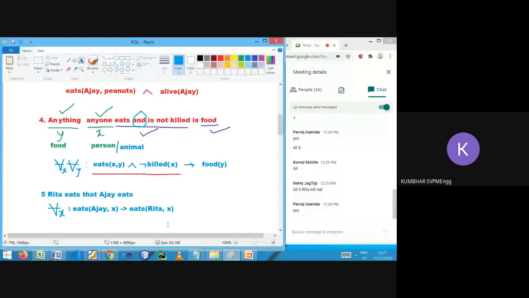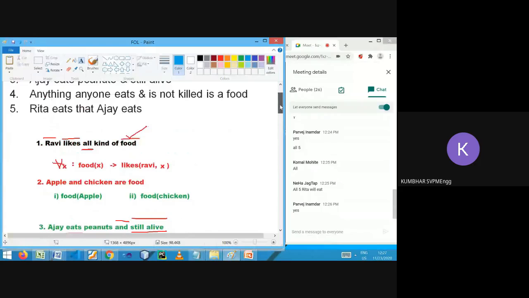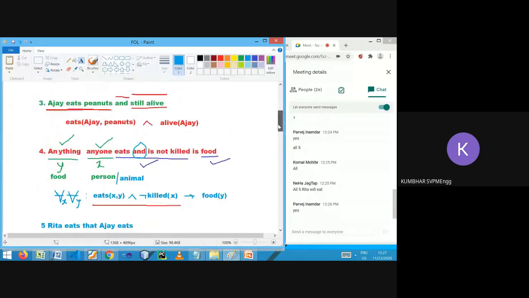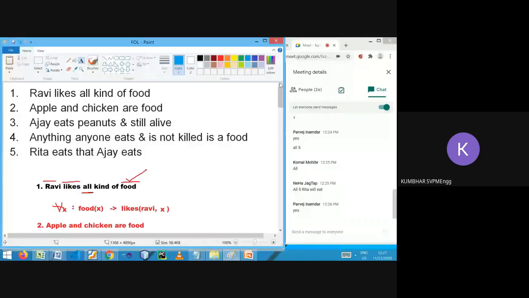Great, great. So see, this is the way we can write first order logic statements, FOL statements. Any confusion in this? Do you have any query? Because our next step will be to write resolutions of predicate logic or FOL.